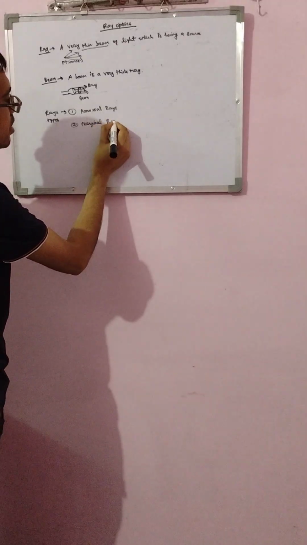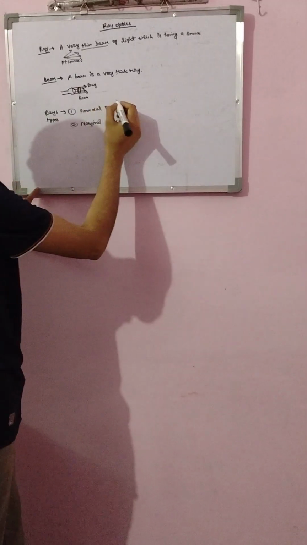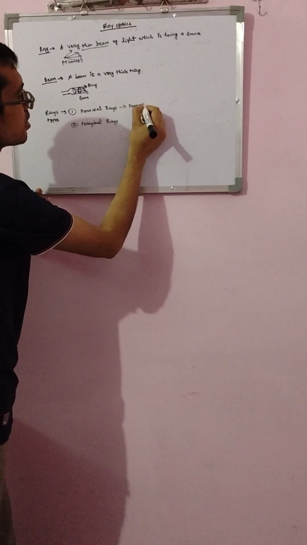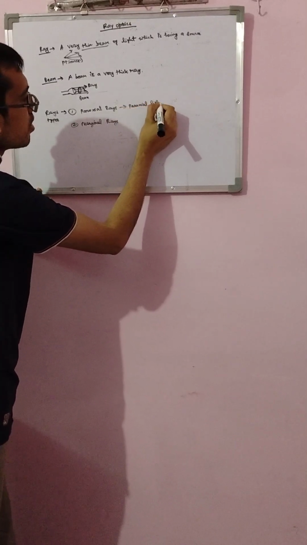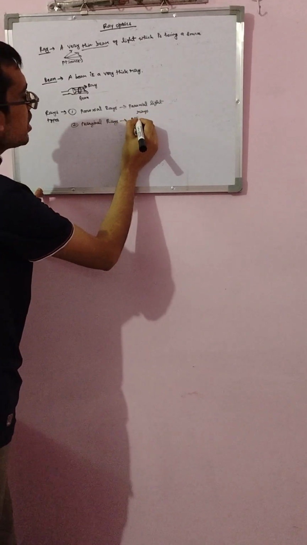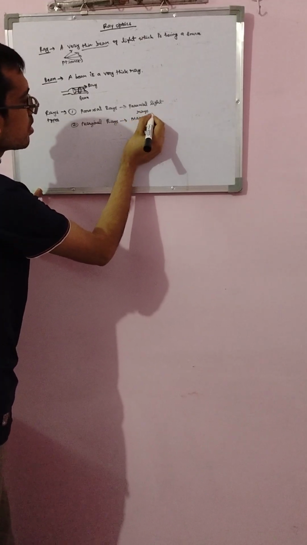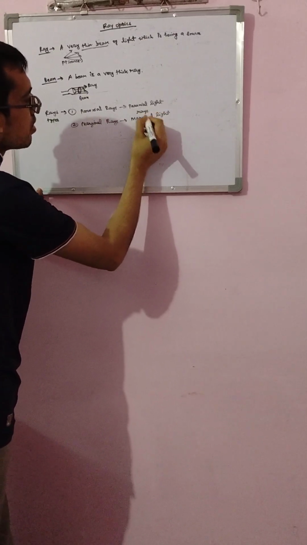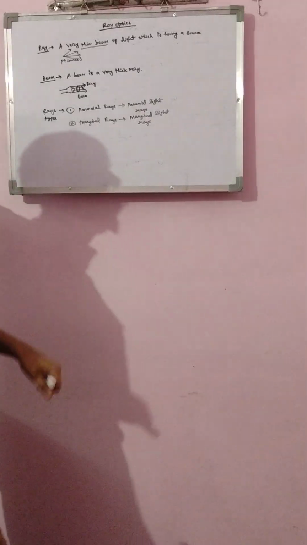In the case of light, this is paraxial light rays, and this is marginal light rays.